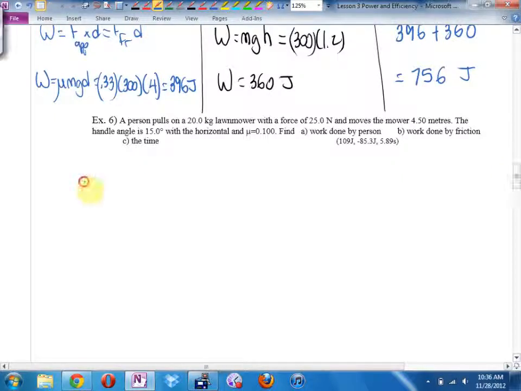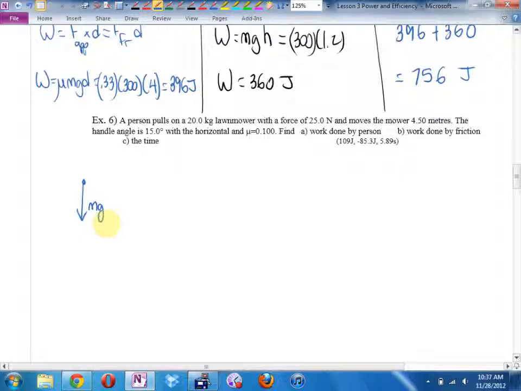So there's the lawnmower. What are the forces acting on it? Get the obvious ones. Good old mg down. What else? Normal force. Now careful. How are we tackling this lawnmower? Are we lifting up or are we pushing down? What does it say? Pulls or pushes? Pulls.